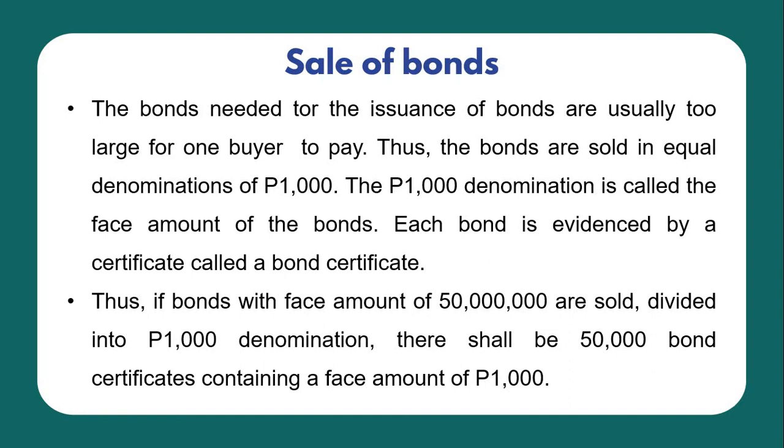Each has a corresponding denomination, and that is usually 1,000 each bond, so 1,000 par value. So, say for example, if the bondholder holds 50,000 bonds and each bond is 1,000 pesos, then 50,000 times 1,000 is 50 million.